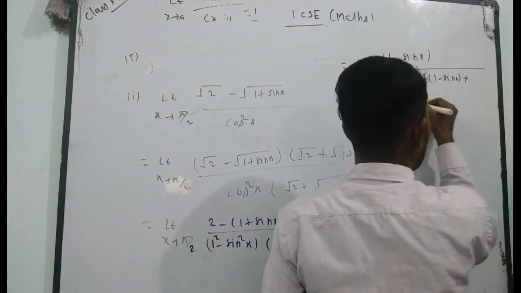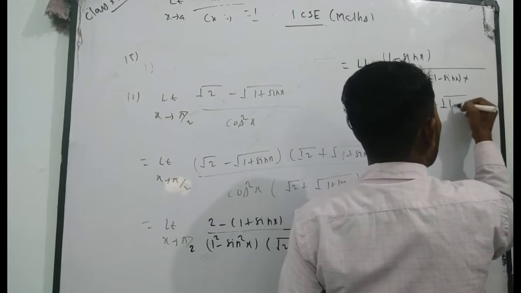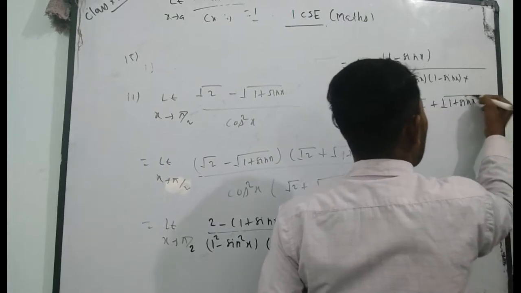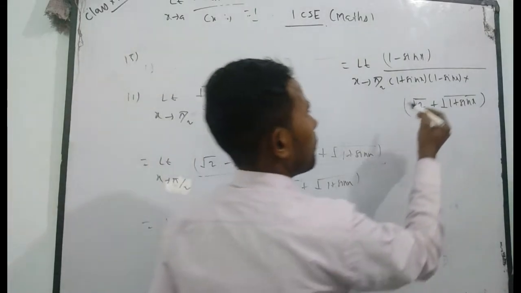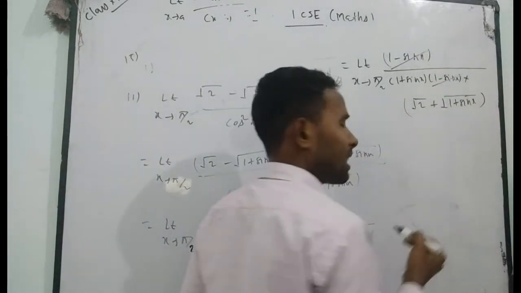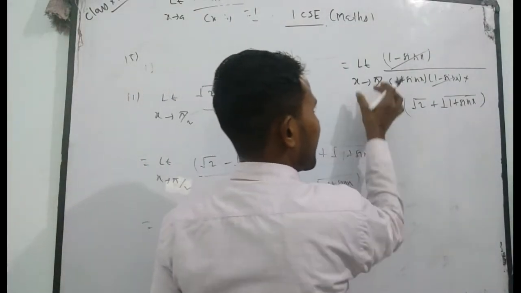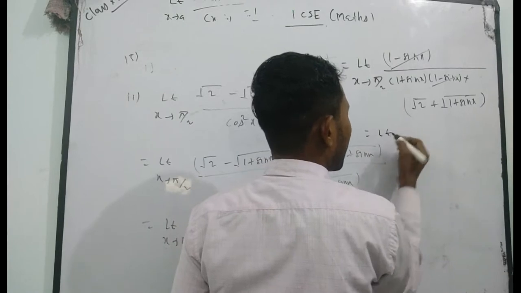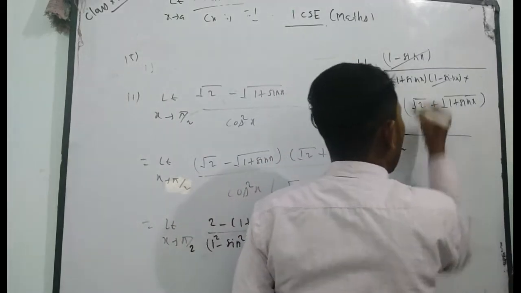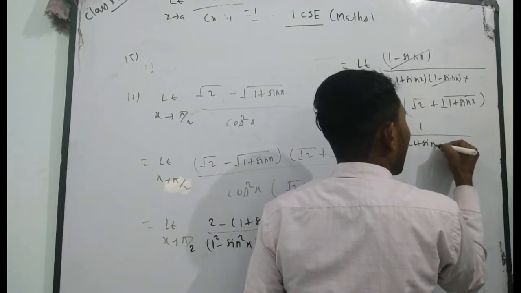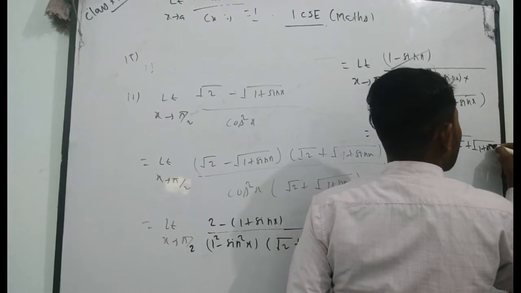There is no space, so I want to write here root 2 plus root 1 plus sin x. Can you write? Now take it under bracket. Now here you observe that 1 minus sin x and 1 minus sin x cancel each other. Now finally you get limit x tends to pi by 2 of 1 upon (1 plus sin x) into (root 2 plus root 1 plus sin x).